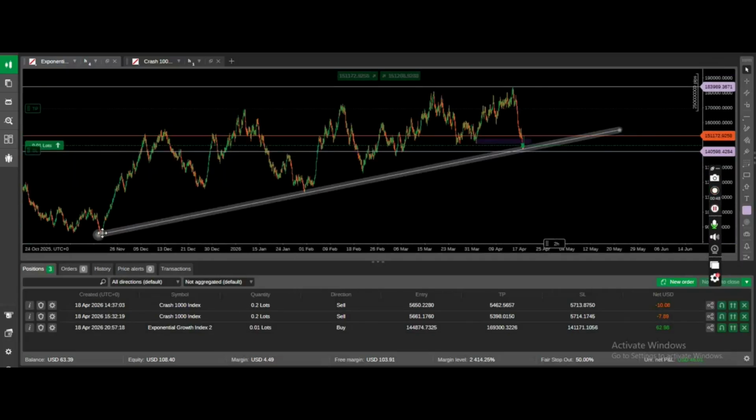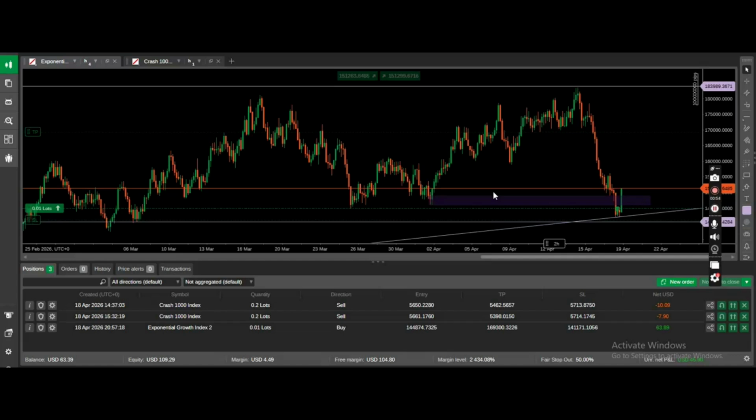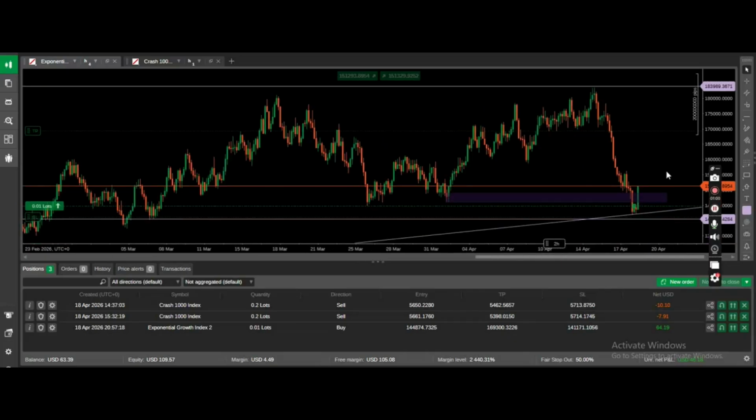I looked on the H4 and I saw there's a trend line, so I quickly plotted it there. And as you can see, it's reacting from the trend line, and that trade has pushed me into profit already of $64.